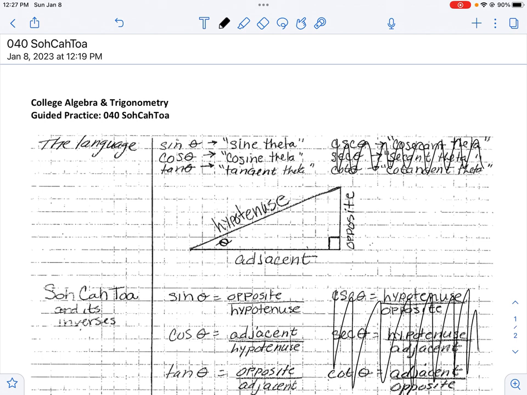And even though it is written SohCahToa as a mnemonic, a lot of people like to write it like this. So it helps you with the ratio.